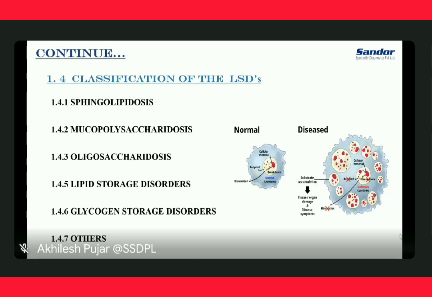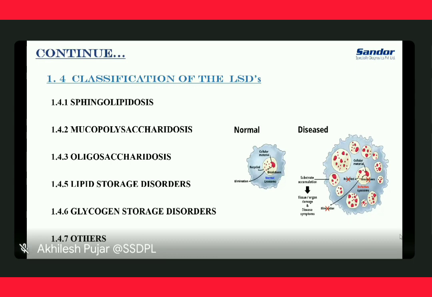As I just told you, depending on the type of accumulation happening inside the cells, we will be classifying the disorders. I am very well aware that these names will be very long for you guys to understand. I do not expect you to understand immediately, but please try to at least remember what these molecules are called.